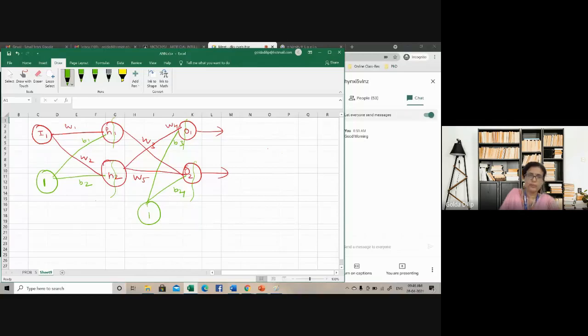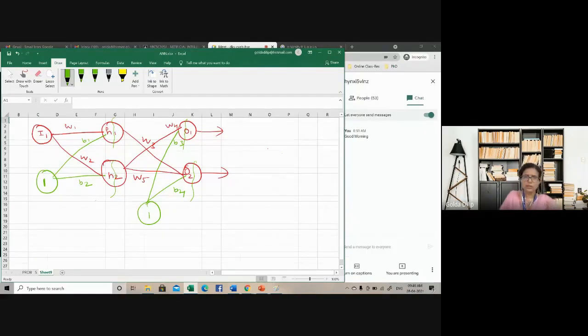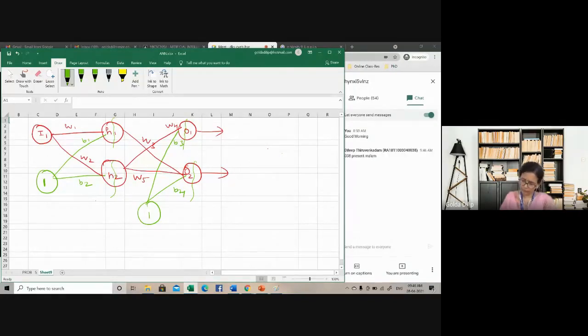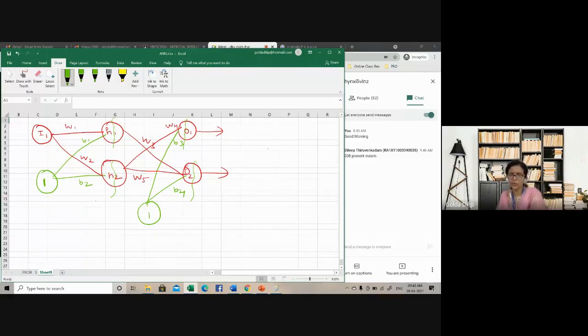Mohammed Fasil, yes, ma'am. Nitish, present, ma'am. Dilip 13, 38. Okay, noted. 46, Shruti. 48, Nitin. Yes, ma'am. 54, Manikanta. Yes, ma'am. Ankit. Present, ma'am. 58, Himanshu.